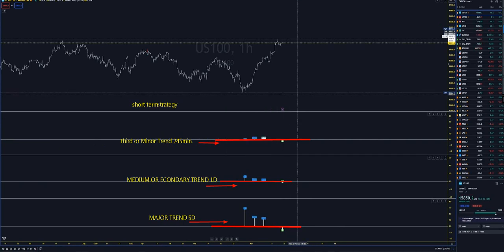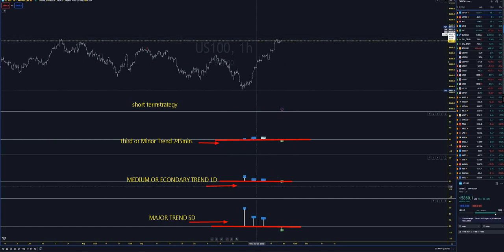All right, what do we need anymore? Nothing, just these three indicators. It can happen that the 245-minute trend or daily trend are down. In this case, we do nothing. We concentrate only on what the 5-day trend is doing, okay?